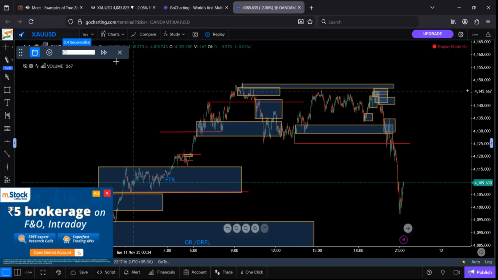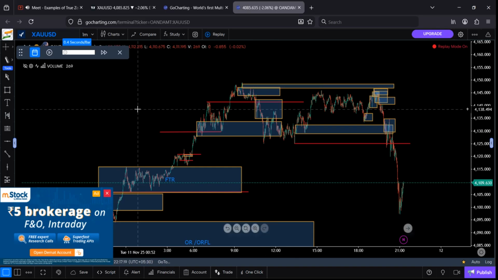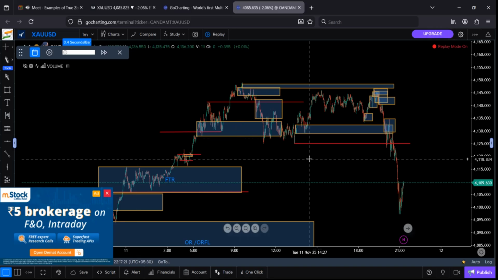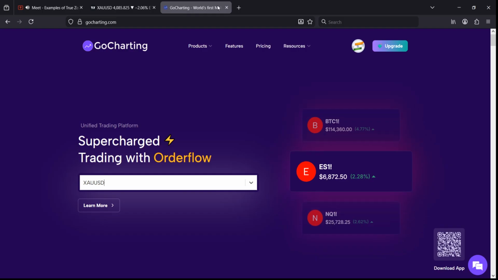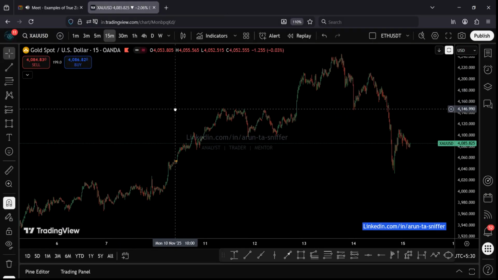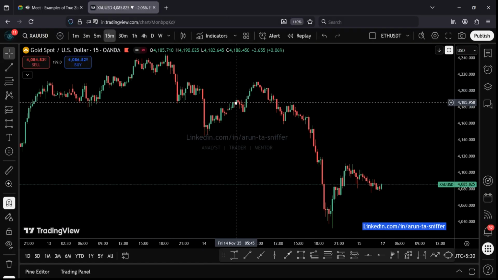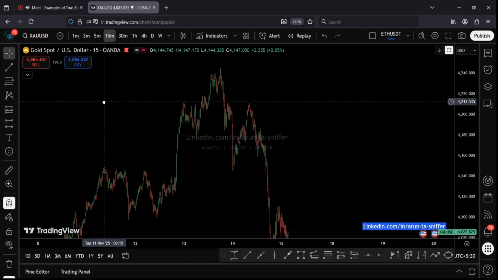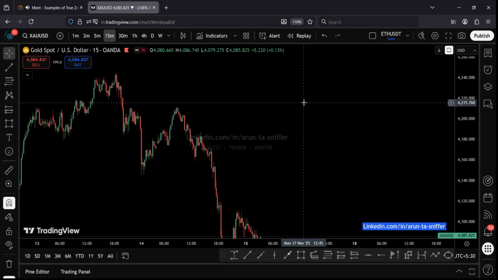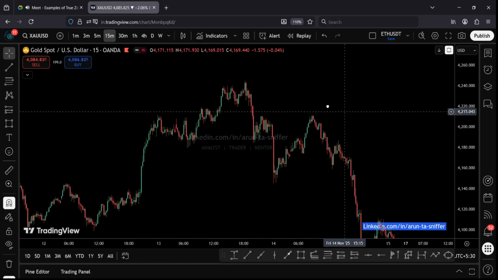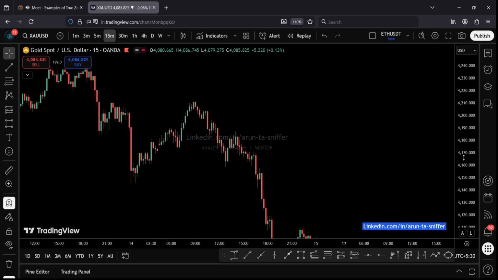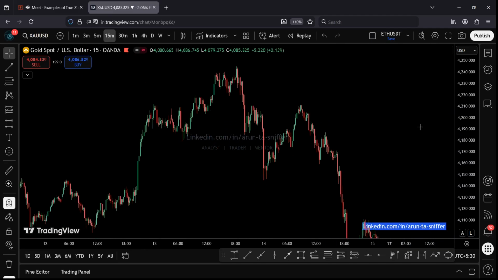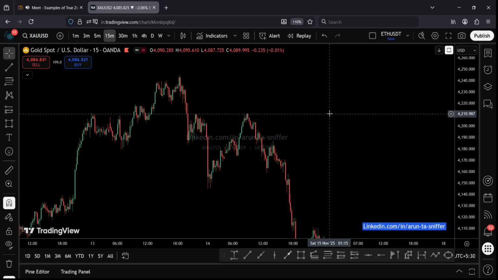No. Okay, so we have already seen the targets, but let's quickly summarize the targets, and we will go to the chart. Target will be on this time frame.